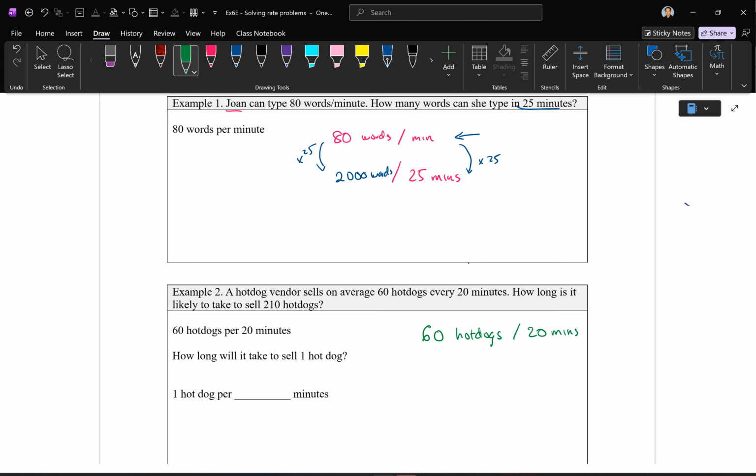So this vendor is selling on average about 60 hot dogs every 20 minutes, right? What the vendor is curious about is how long it would take if they had 210 hot dogs in stock. At this rate, how long will it take for 210 hot dogs?